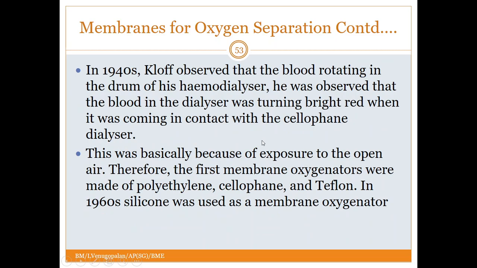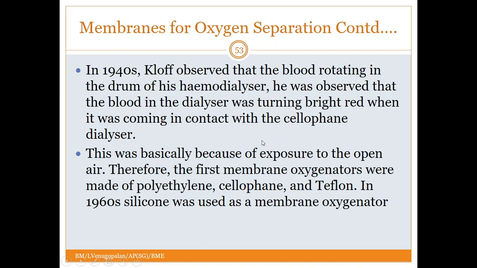So there was a scientist called Clough who in the 1940s observed that blood rotating in the drum of his hemodialyzer was turning really bright red when it came in contact with the cellophane dialyzer sheet. So a cellophane membrane was used as a dialyzer membrane, and when blood came in contact with it, it was turning bright red, meaning that it was becoming oxygenated.